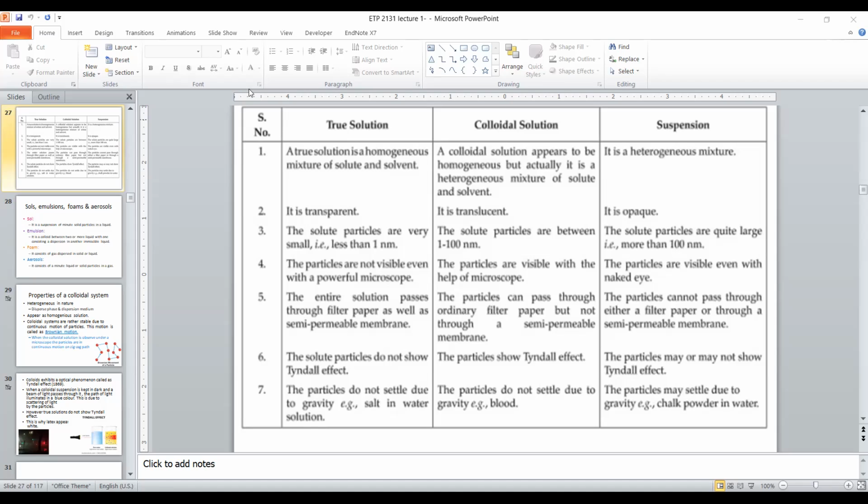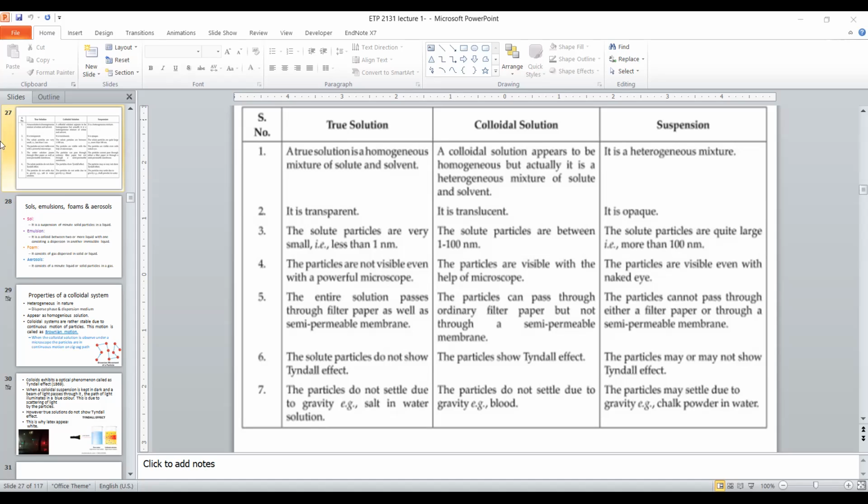But in the case of colloidal systems, they will not separate under gravity, but if any other external force occurs onto the colloidal particles and makes the particle sizes bigger, then they will sediment. That's all. Suspensions, they will sediment or settle due to gravity upon time.